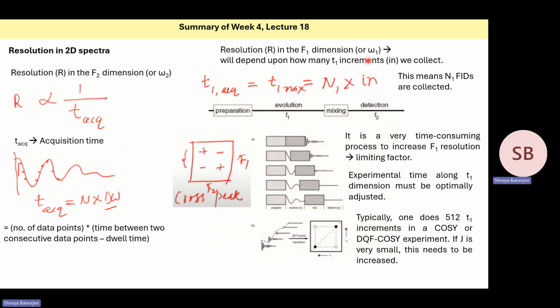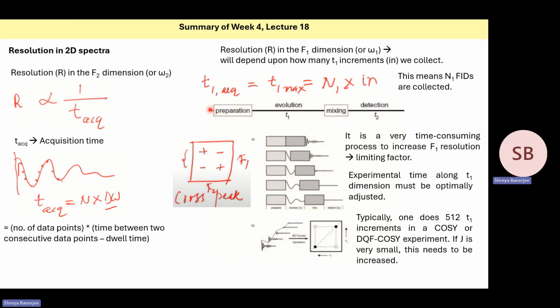Now what about the F1 or omega 1 dimension? If we look back to what we saw in the previous class, where F1 and F2 come from, this time T1 is varied.